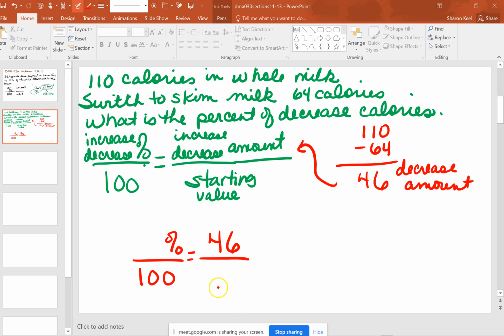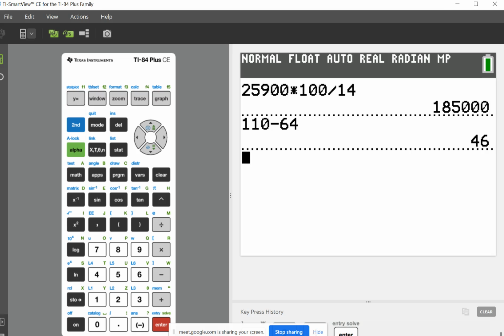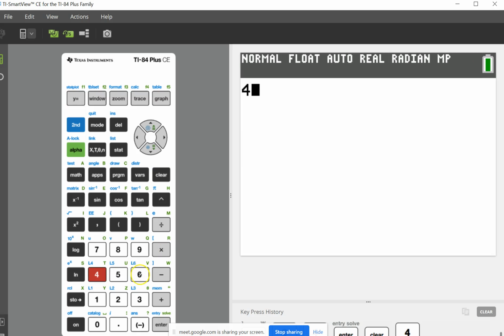The starting value, we started drinking whole milk, so our starting value is the 110 calories. Now that we have our proportion set up, we multiply the two that are diagonal and then divide by the 110. So here we have 46 times 100, divided by 110.